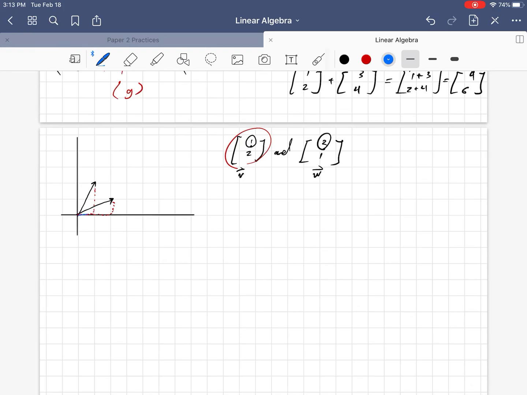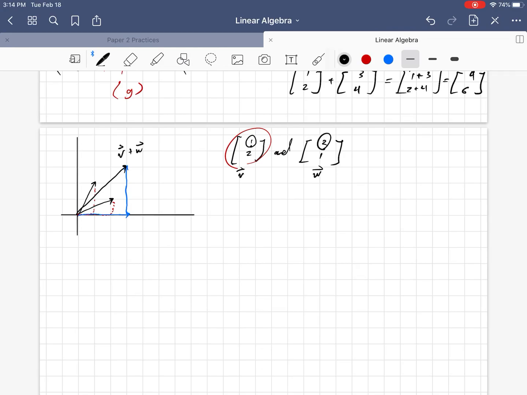So our resultant x component, when we add the vectors, will have a magnitude of 3. And likewise, it will have a magnitude of 3 along the y-axis. And so our resultant vector will look like this. I think that's good enough for vector addition.